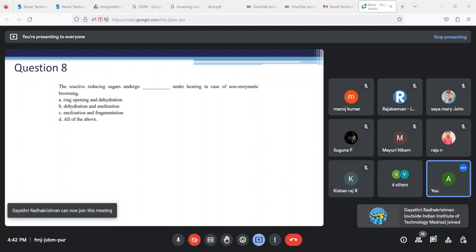So any clue what is the first step here? When you heat, what is the first step? We may discuss this in the previous slide.